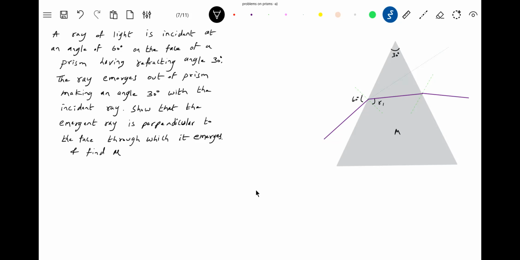We don't know this R1. This is R2. This is say some theta. And the ray emerges making an angle of 30 degrees with the incident ray. So the total deviation is 30 degrees. Again, same problem.